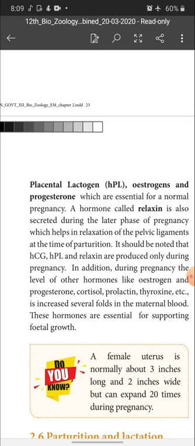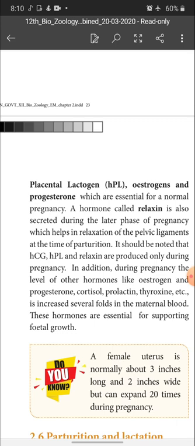List the hormones which are produced only in pregnancy: 3 hormones. One is human chorionic gonadotrophin, another is human placental lactogen or human somatomammotrophin, and relaxin. These are the 3 hormones secreted by the placenta only in pregnancy.